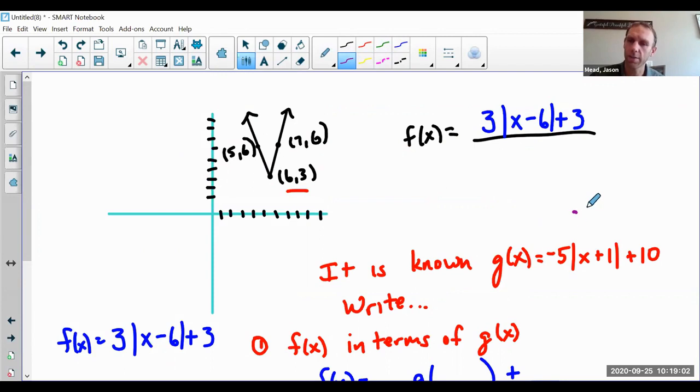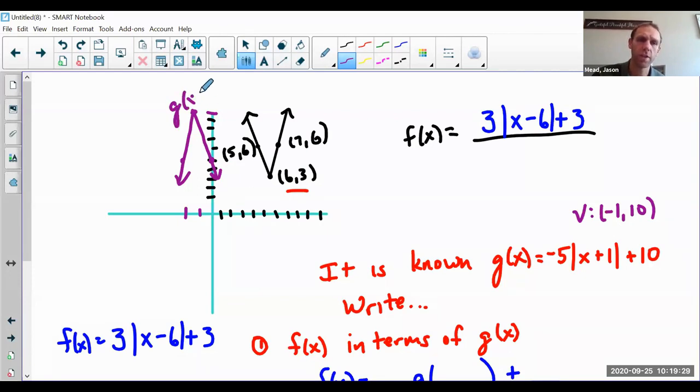So g has a vertex at (-1, 10), and my vertical stretch and shift is -5. So (-1, 10) is going to be up here, and then down 5 over 1 on both sides looks something like this.